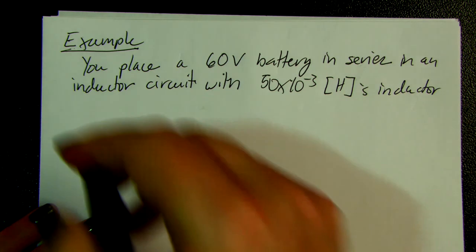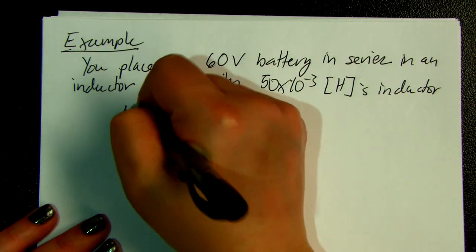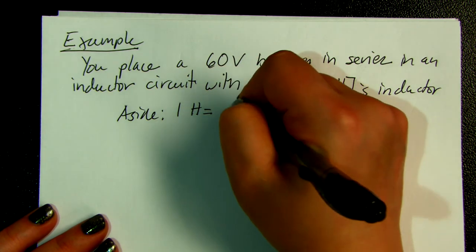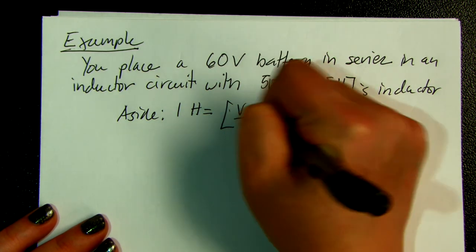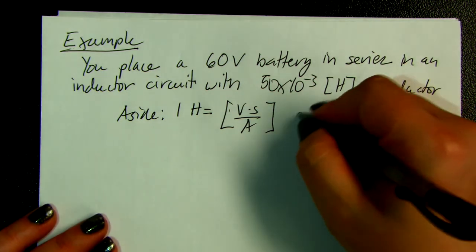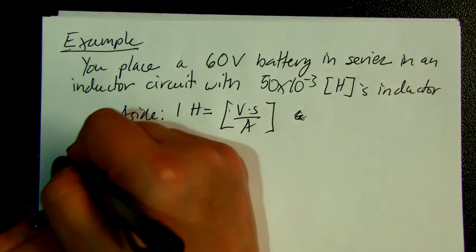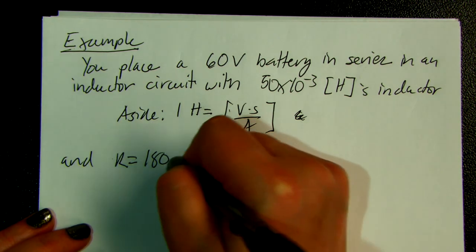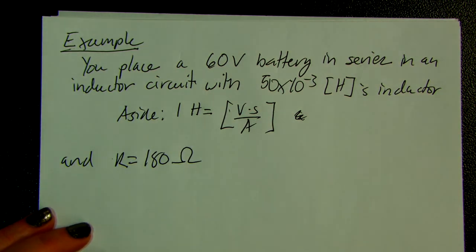By the way, if you're curious, one Henry is equal to a volt second per amp. And a resistance of 180 ohms.